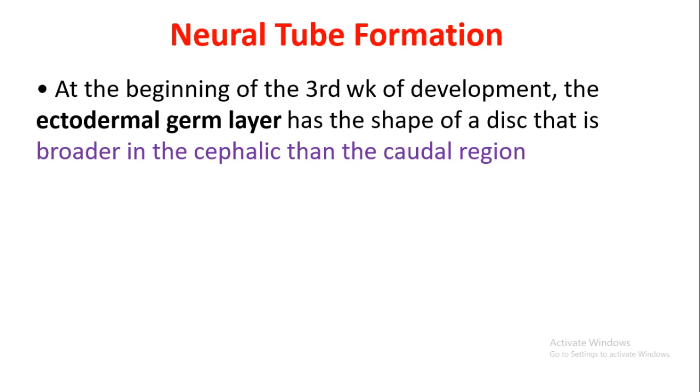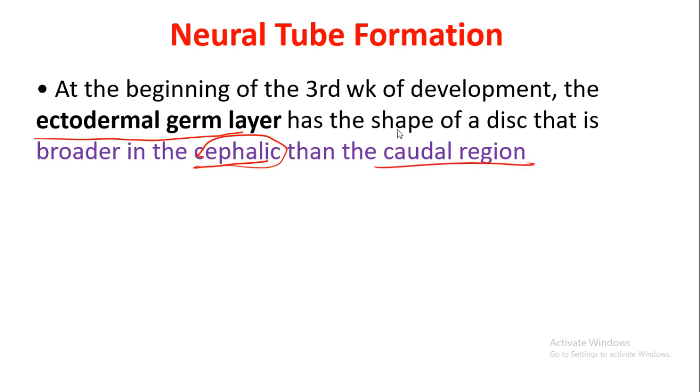At the end of the 3rd week of development, the ectoderm develops the shape of a disc, and this disc has a broader cephalic region, which is broader than the caudal region.